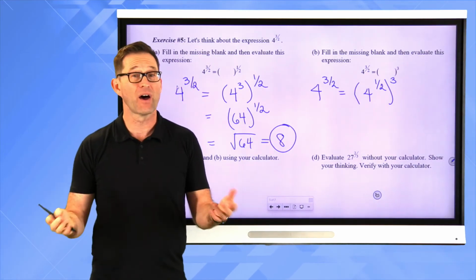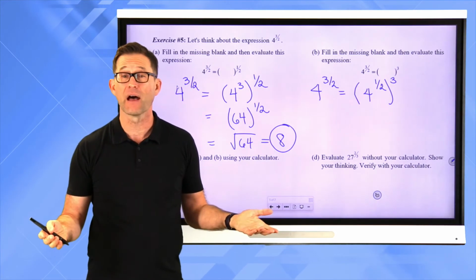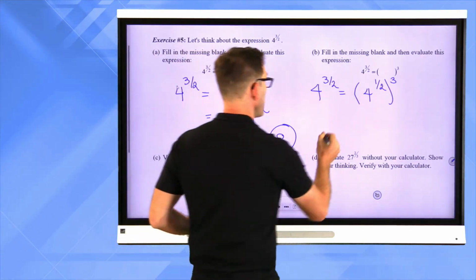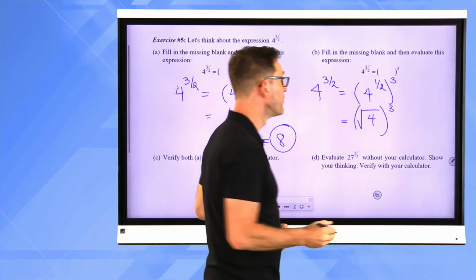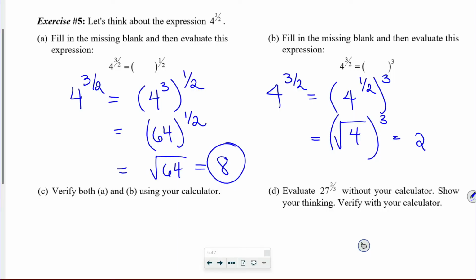Because 1/2 times 3 is 3/2. But now that can be thought of as the square root of 4 to the 3rd, right? The square root of 4 is equal to 2. So that's 2 to the 3rd, and that's also equal to 8.